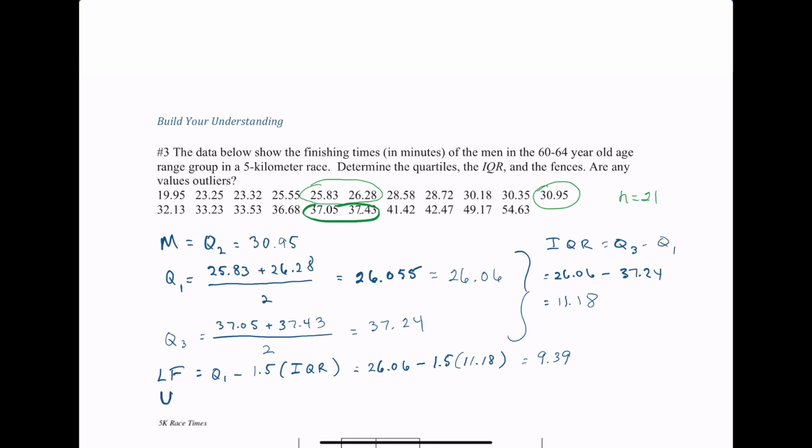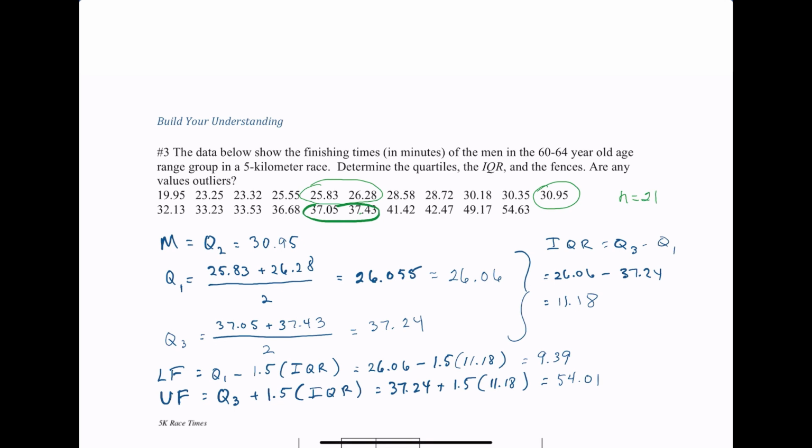Our upper fence is Q3 plus 1.5 times the interquartile range. So that's 37.24 plus 1.5 times 11.18, 54.01.